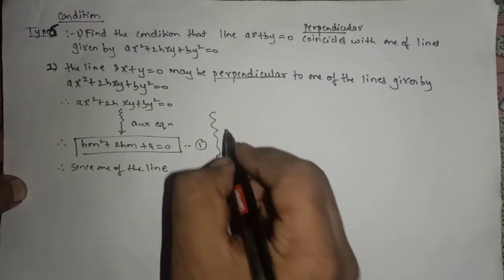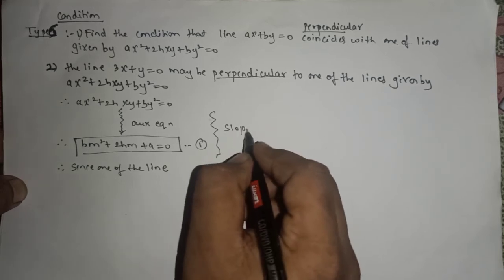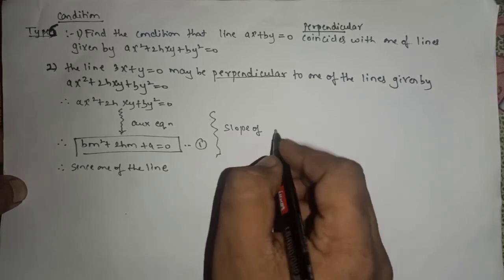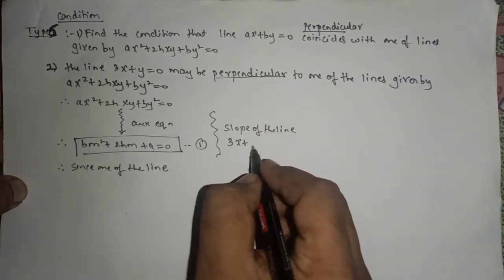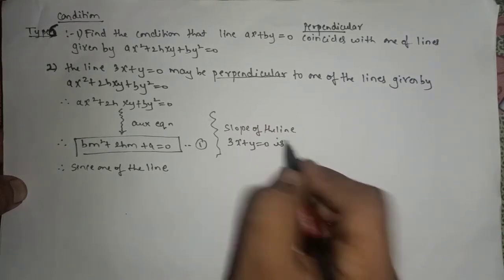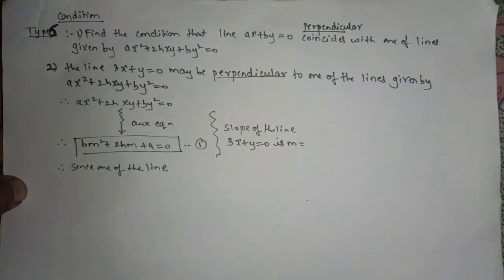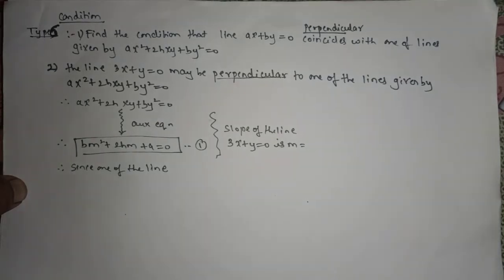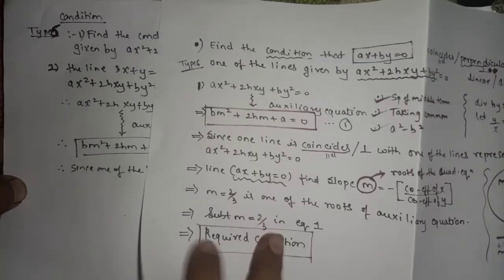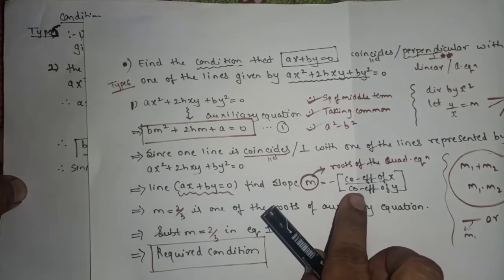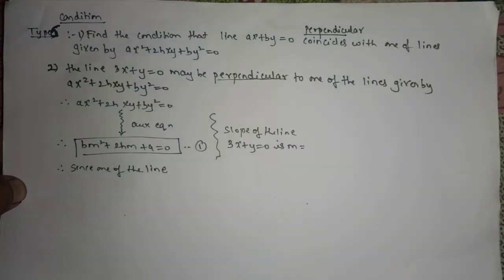The slope of the line 3x plus y equals to 0 is m equals to, using the concept, minus coefficient of x upon coefficient of y.